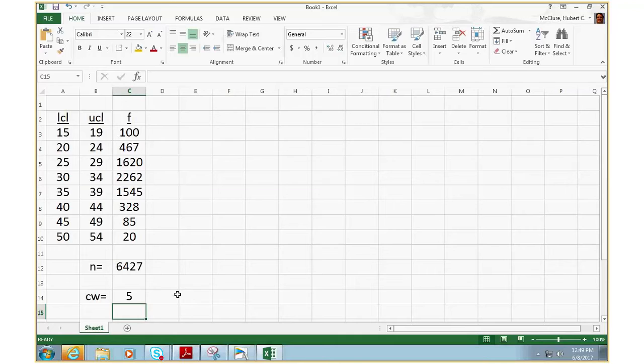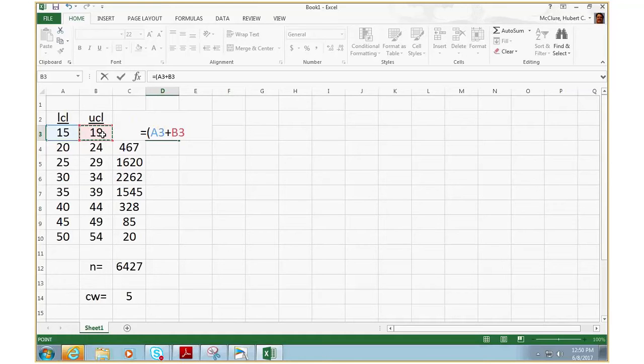Now the midpoints, we're going to kill two birds with one stone. The midpoint is the average of the upper class limit and lower class limit added together. And you can put them as separate, and the easiest way to do it is put X and then do the first one, equals, parentheses, 15 plus 19 divided by what? Divided by 2.